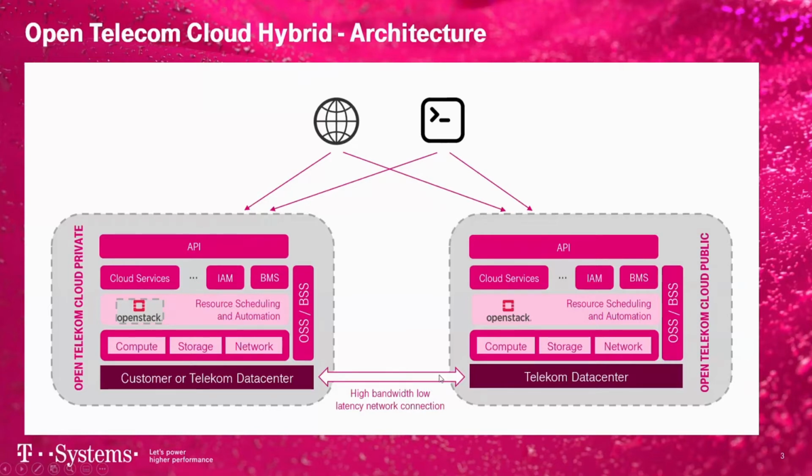Some customers, especially banks or insurance companies, handle the internet very restrictively or don't want it at all. So this is as well possible. Just use an MPLS connection, something like this, between the data centers, which would give you not only higher bandwidth and low latency, but also more privacy.